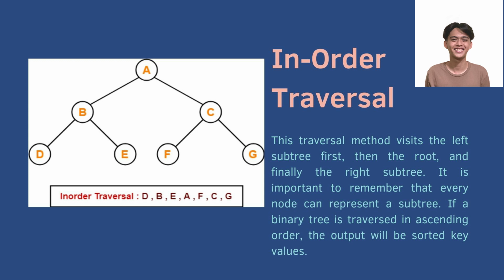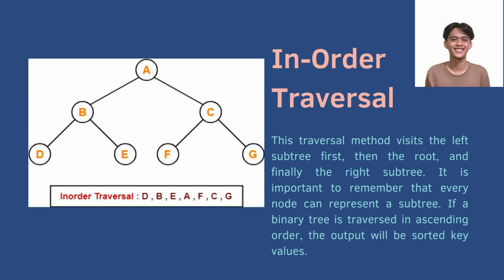So we'll go through D, and we'll go to the parent, which is B, and now we will go to E, which is the sibling of D. And after that, we'll travel through B, but we already traveled through B. We'll now go to the root node, which is letter A, and we'll now go to the right side of the tree, which is node C. We'll travel through C, and we'll also go to the left because that's the method of in-order traversal.